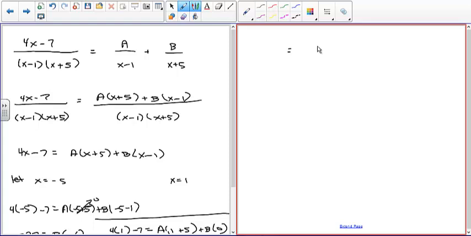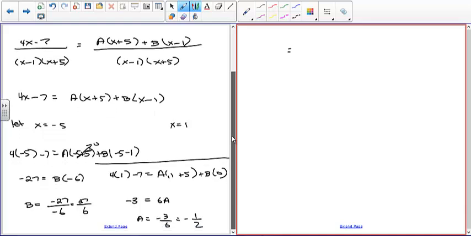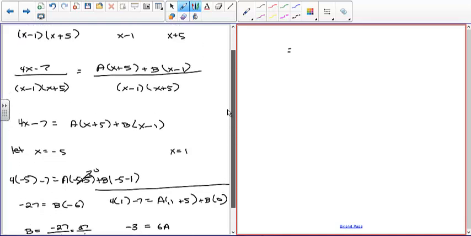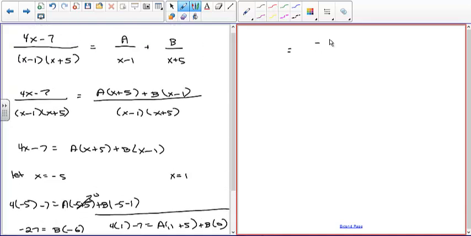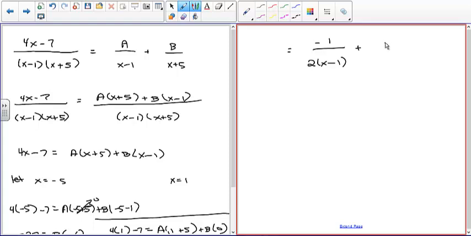So the answer is, we have A, which is negative 1/2, so you'd have negative 1 over 2 times x minus 1. So that's negative 1/2. And in the second part, B was 27/6, 27 over 6 times x plus 5.